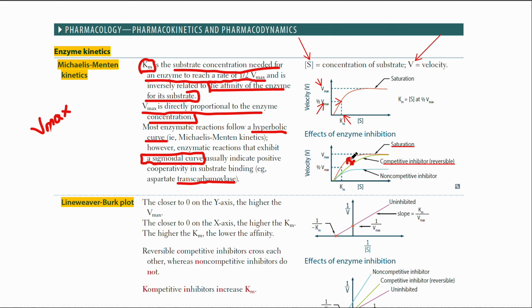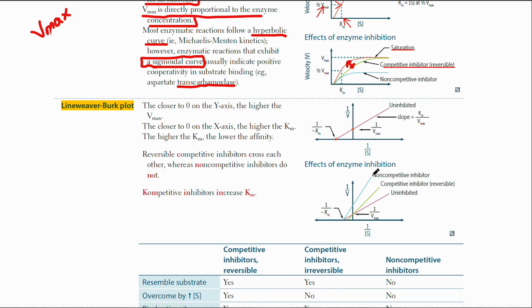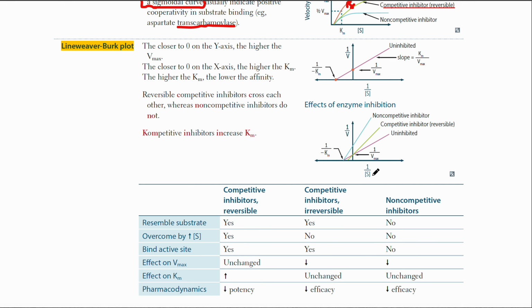That means the Km is increased in this case, because substrate concentration is increased to reach the same Bmax or half of the Bmax, right? So in a non-competitive inhibitor, both of them are decreased, because the maximum reaction velocity is not reached in this case. So let's talk about the Lineweaver-Burk plot.